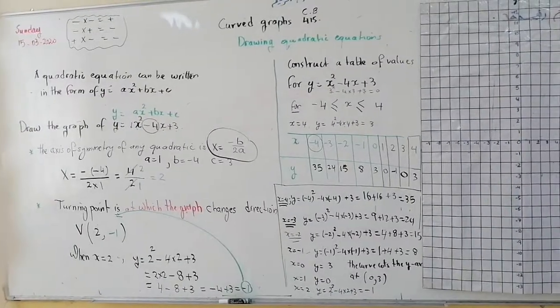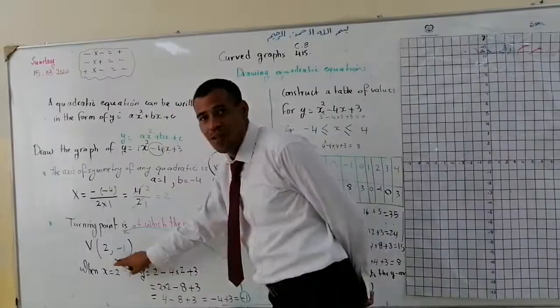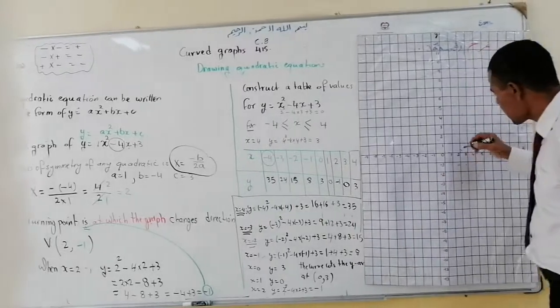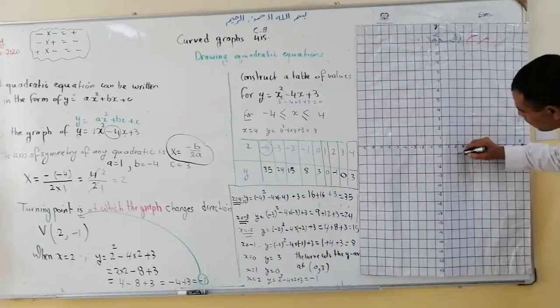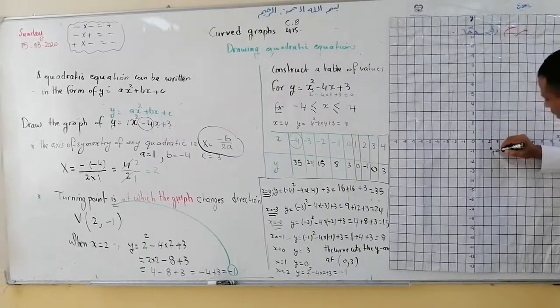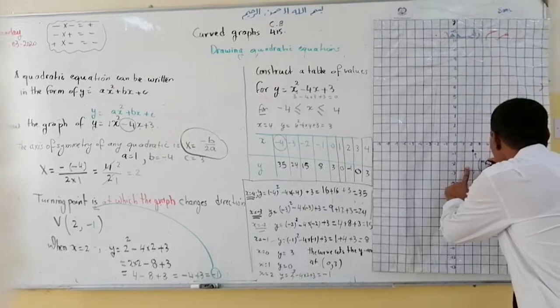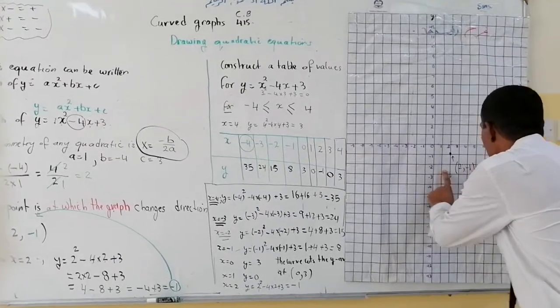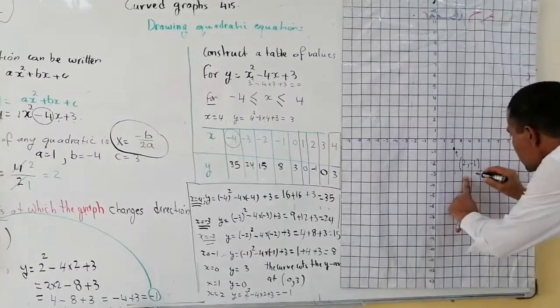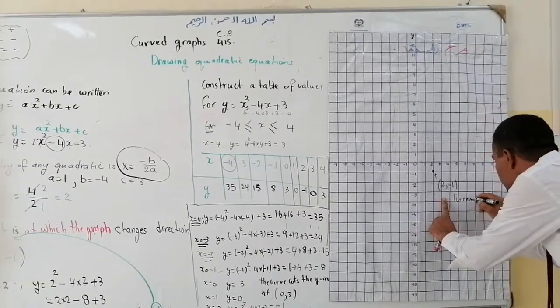The coordinates of the vertex are what? When x equals 2, y equals -1. This is my case: x equals 2 and y equals -1. This is the vertex or the turning point.